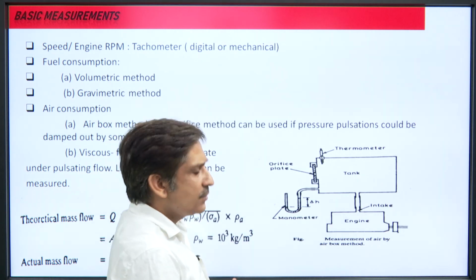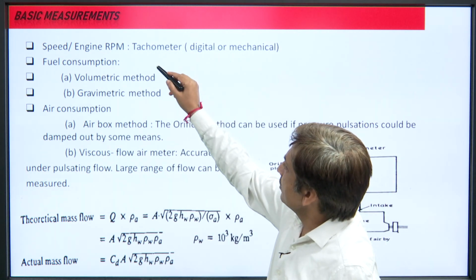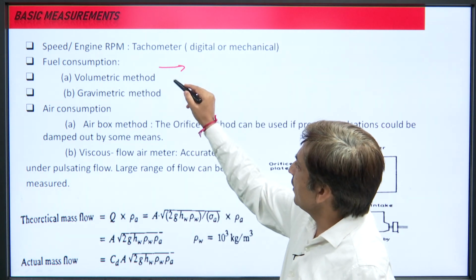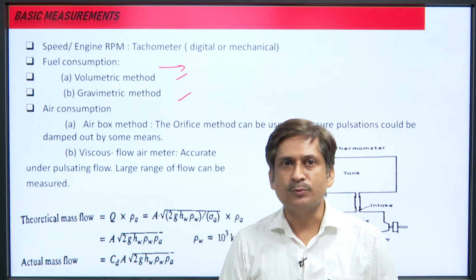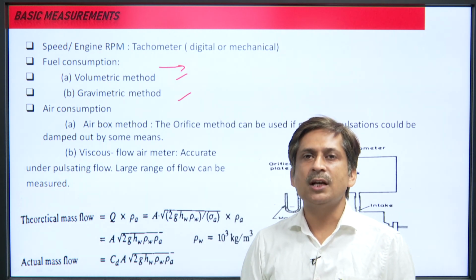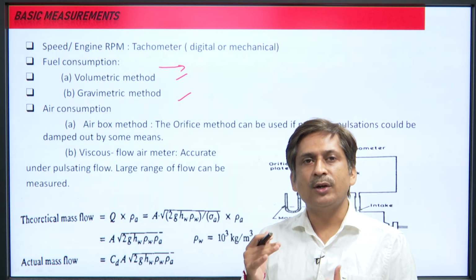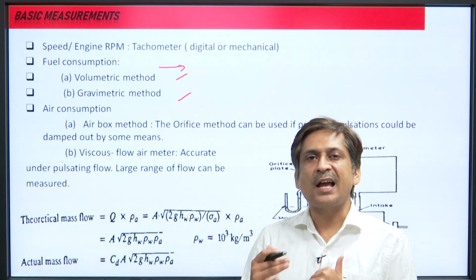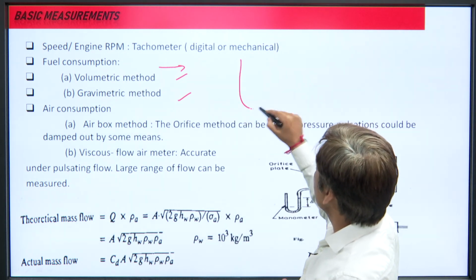The fuel is measured with the help of fuel consumption measurement devices. These are of two types, volumetric and gravimetric. Volumetric means they are measured in terms of volumes, with the help of a stopwatch and manometers, you can evaluate how much time is taken to consume a relative amount of the fuel.